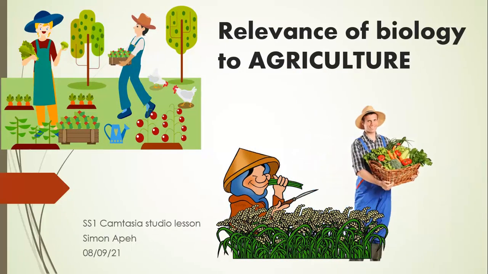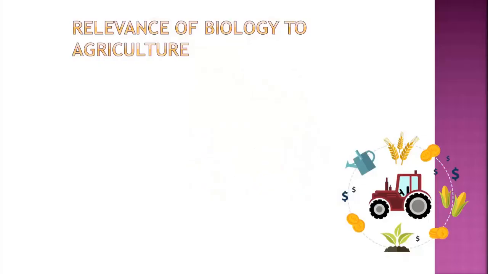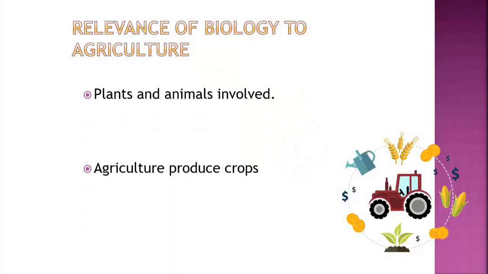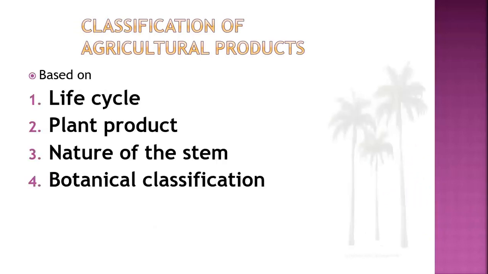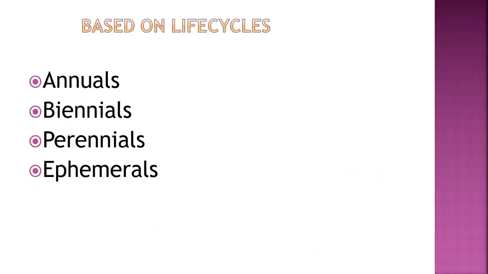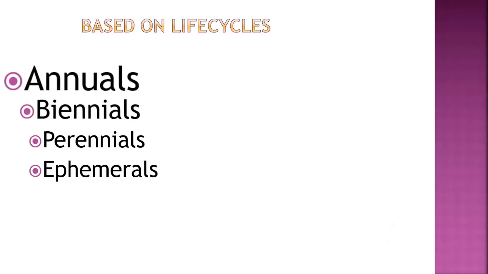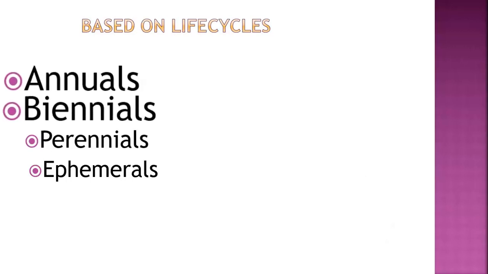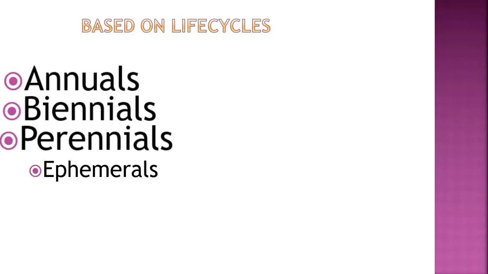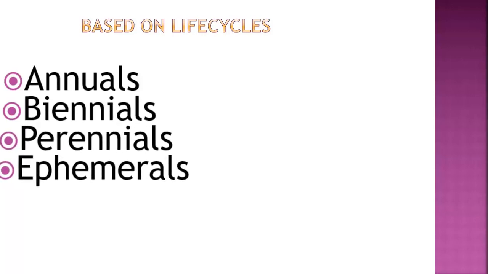I hope with this brief video, you have benefited greatly in understanding the three basic ways that we can classify crops, specifically as the annuals, the biennials, the perennials, and the ephemerals.